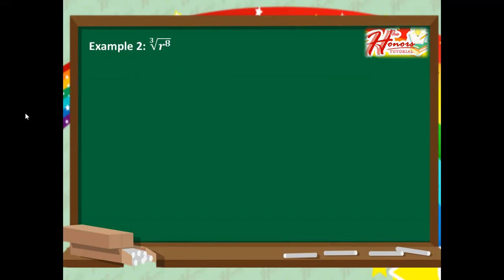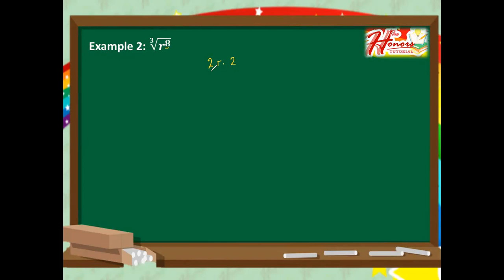Same process. We should divide the exponent of r and the index. And that is 8 divided by 3. That's 2. Remainder 2. Because 3 times 2 is 6. Remainder 2.